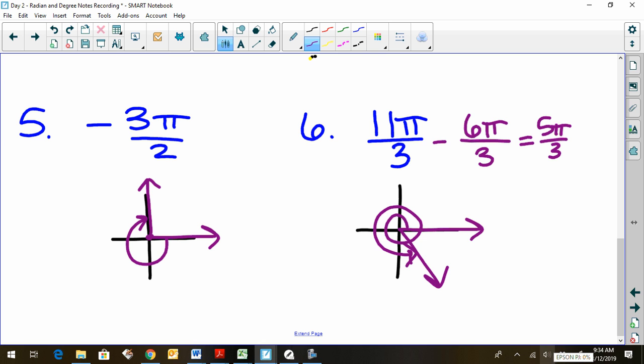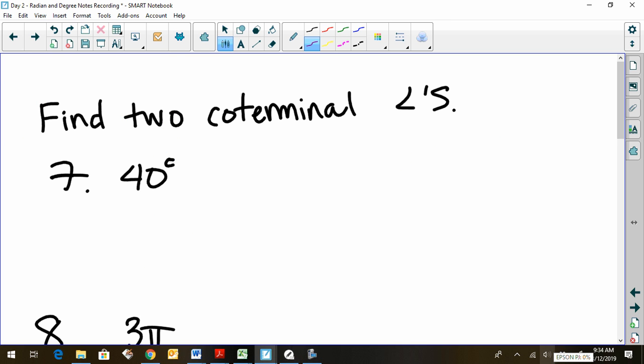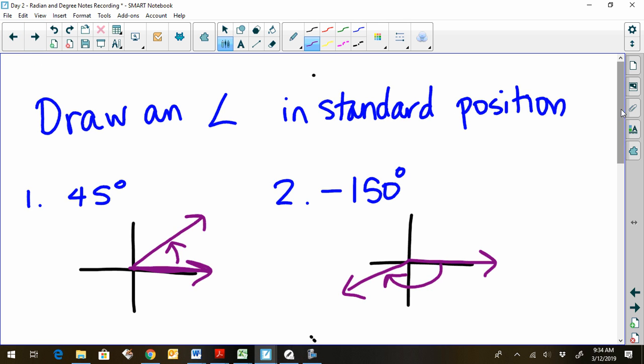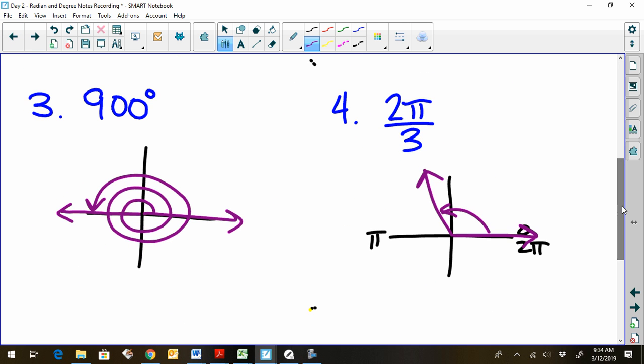So another way we talk about this is we use the term coterminal angles. So our next question is find two coterminal angles. So we already did this in the last part. For example, I'll come back to this page. When we looked at 900 degrees, we knew that was the same really as 180, but we go around 2 times.